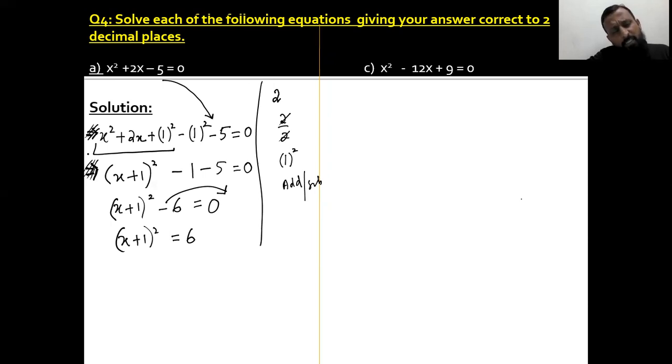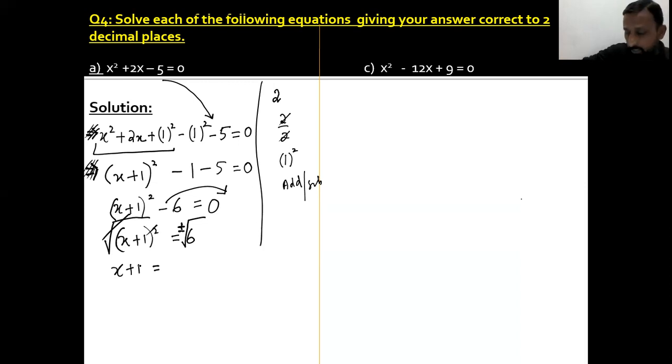On the right, 6 is not a perfect square, but we have calculators. We are allowed to use calculators. We can take square roots on the two sides, square root on this side, square root on this side. But remember, I told you on your own, you need to put a plus and a minus sign. So square and square root cancel out each other. X plus 1 is equal to, please use your calculator, the square root of 6.